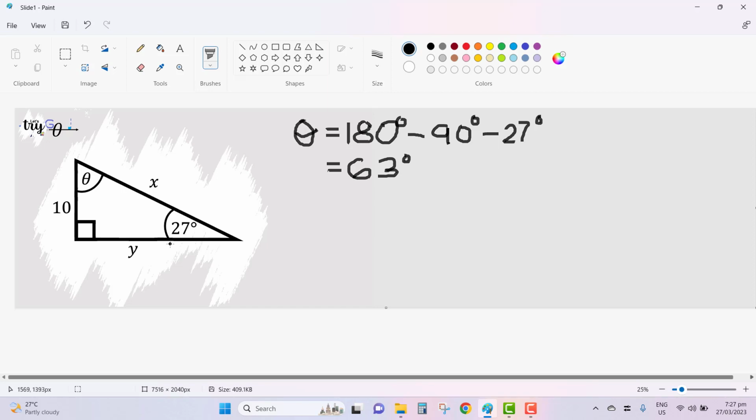Hence, we can say that the sum of the measurements of these 2 angles here, theta and 27 degrees, must be equal to 90, and hence they must be complementary. So if we subtract 27 from 90 by solving its complement, you will still get the same result. Now let's proceed to the sides.